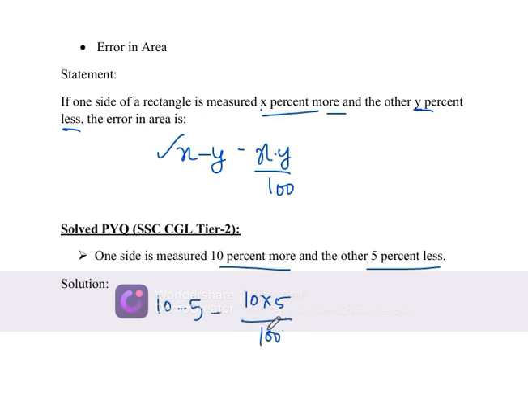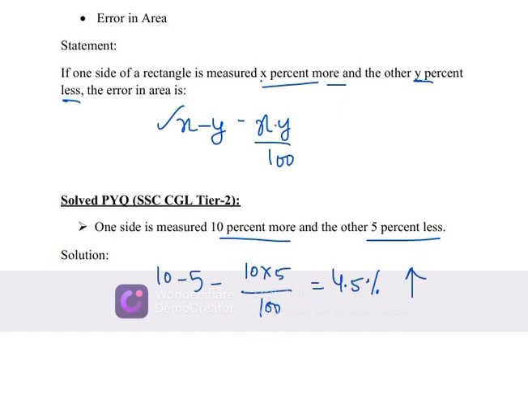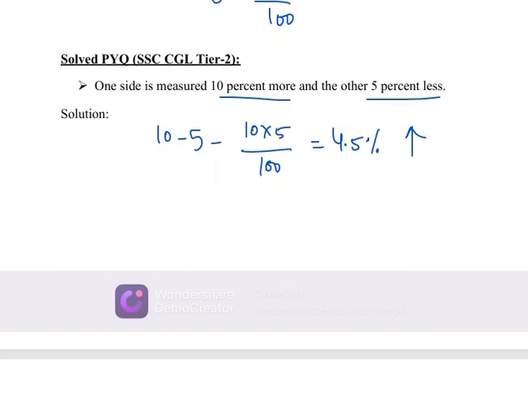On solving this, we'll get 5 minus 0.5, that means 4.5. So the area will be increased by 4.5%. If it's a positive value, there will be an increase in the area. So you can directly use the formula to get the result.